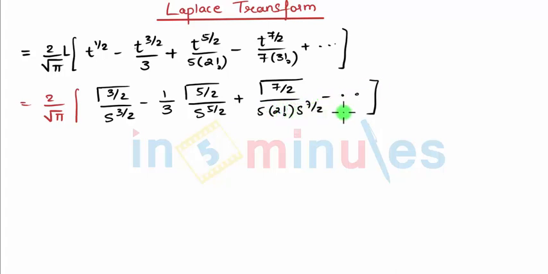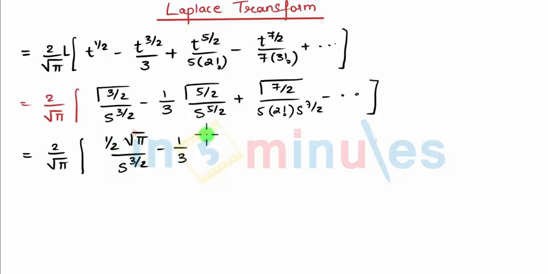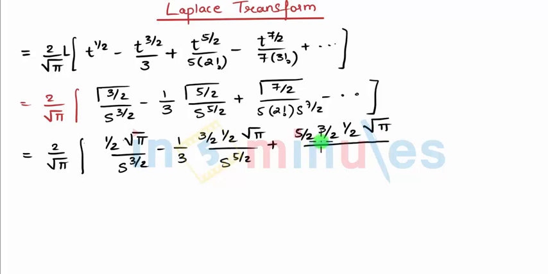That is equal to 2 upon root pi, this comes 1 by 2 root pi divided by s raised to 3 by 2, minus 1 by 3 times 3 by 2 times 1 by 2 root pi divided by s raised to 5 by 2, plus 5 by 2 times 3 by 2 times 1 by 2 root pi divided by 5 into 2 factorial s raised to 7 by 2.